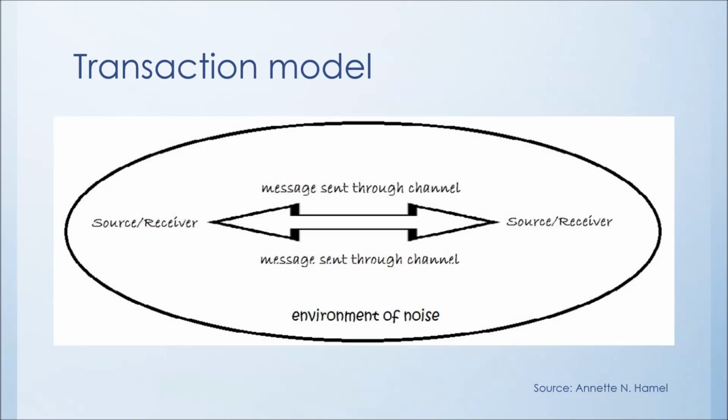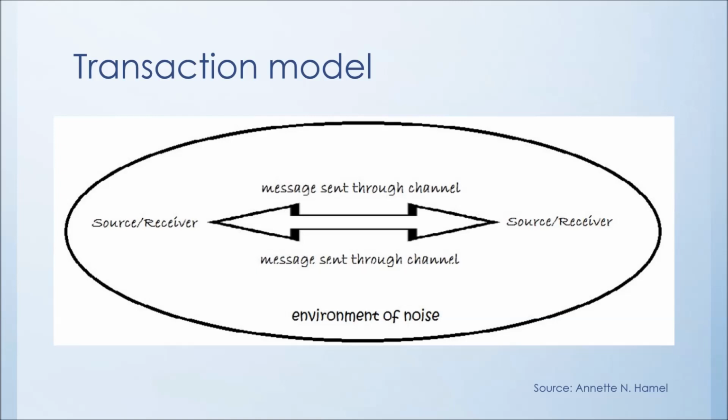It means that even as we are receiving a message, we're sending some kind of message back through our body language, our paralanguage, which is noises we might make, like uh-huh or hmm. Through our movement, you might move closer to the person or turn away from them as they're talking. And the person who's talking to you is then receiving that as a message and interpreting it. So in this transaction model, both parties are reading all these different cues at the same time.